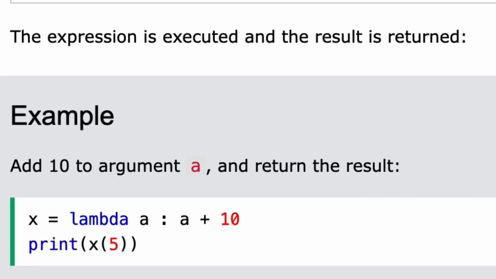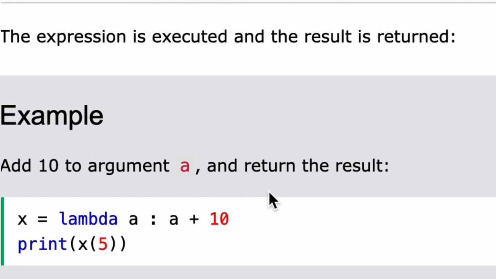An example is add 10 to the argument a and return the result: x = lambda a : a + 10, print(x(5)). The output is going to be 15, because a would equal 5, and 5 plus 10 is 15.